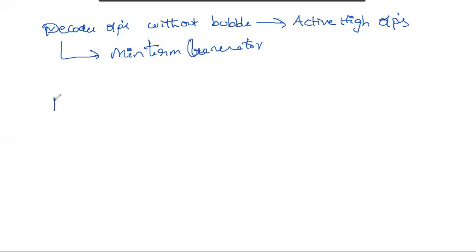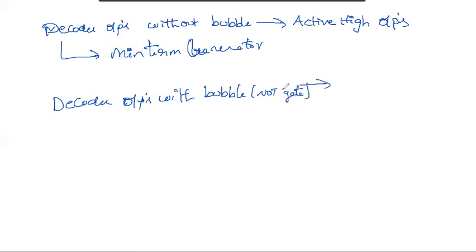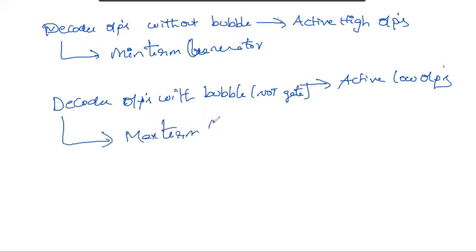Okay. Decoder outputs with bubbles, meaning NOT gates, is called active low outputs. We call it a maxterm generator. So we are getting maxterms and minterms.